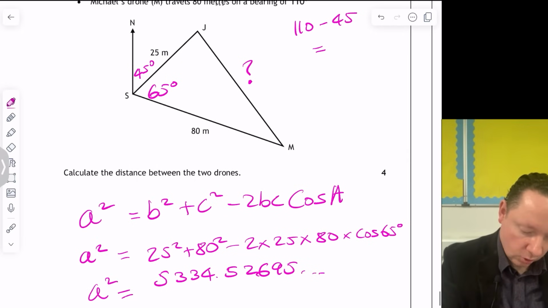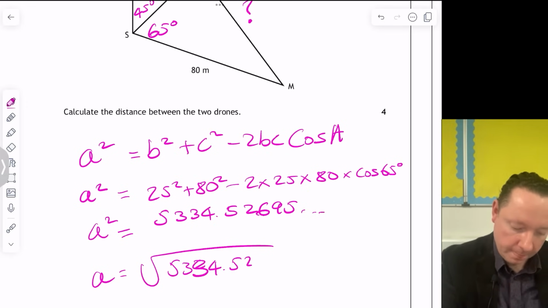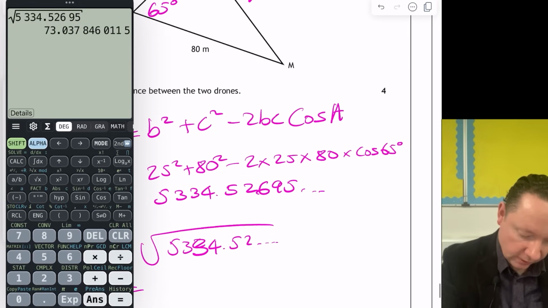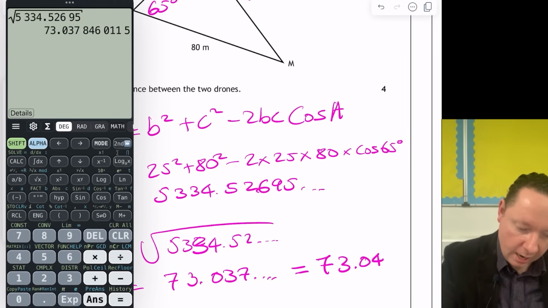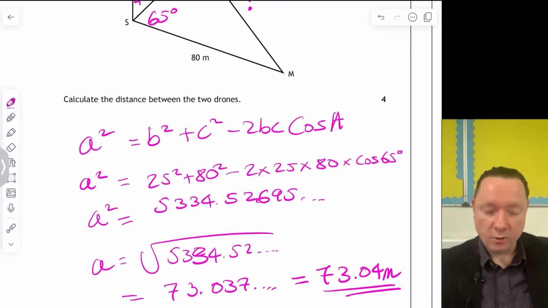So a equals the square root of 5334.52 and so on, which is 73.0378. A reasonable place to round is 73.04 or 73. And it is metres because it's a length. And we're done there.